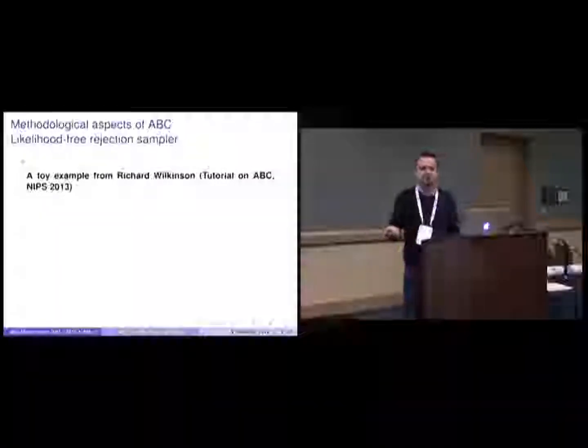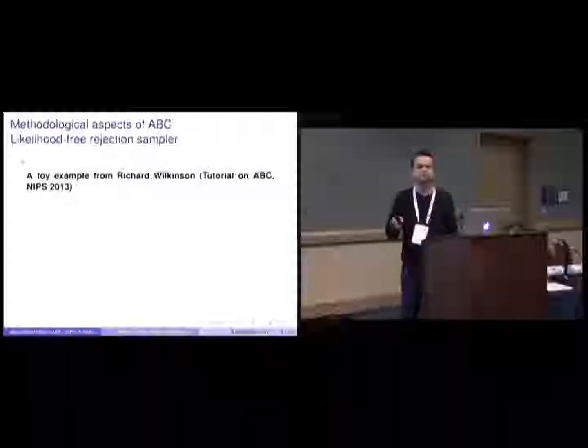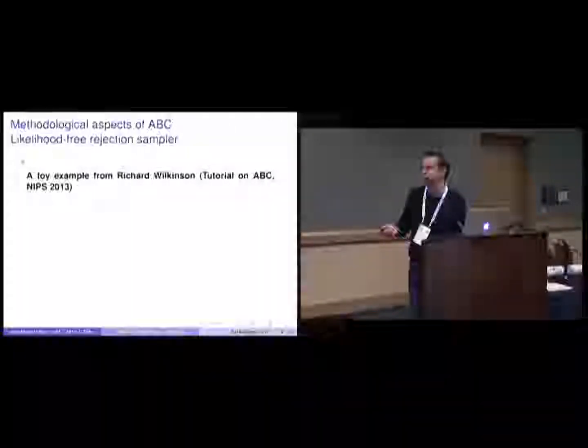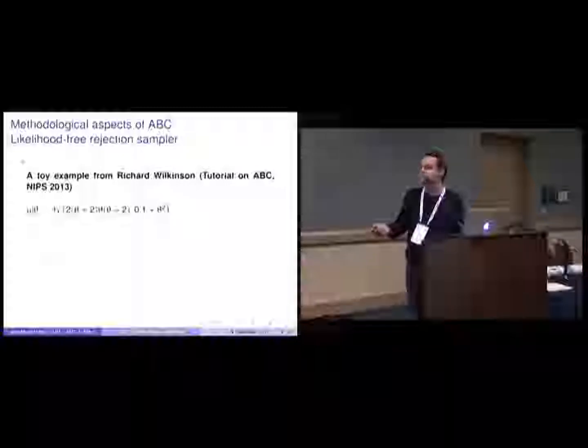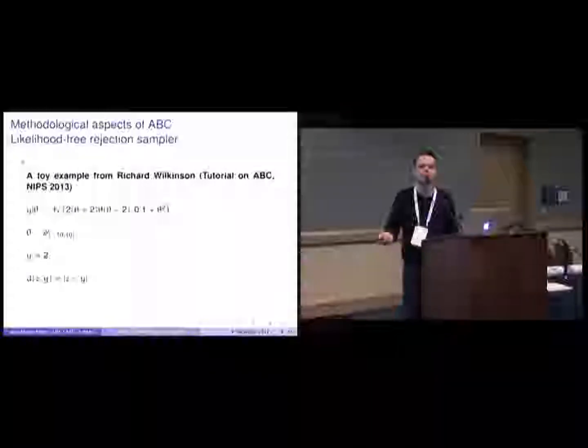So okay, this is the ABC target. Here I have this very nice and standard toy example from Richard Wilkinson, who gave a very nice tutorial at NIPS in 2013. So look, you have a y given theta, and this is the likelihood. This is a Gaussian of dimension 1 with a cubic function for the mean and a quadratic function for the variance. You take a prior which is uniform for theta between -10 and 10. You observe y equal to 2, and you say, okay, the distance is the standard L1 distance.